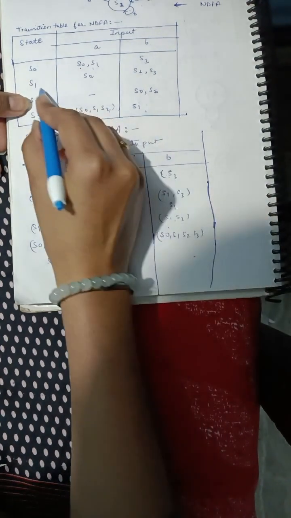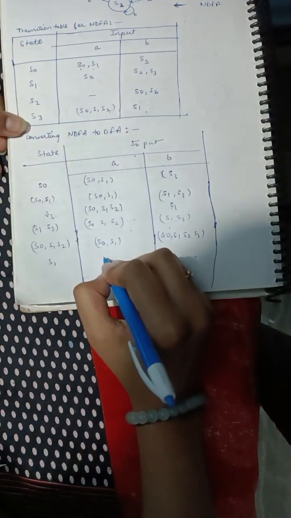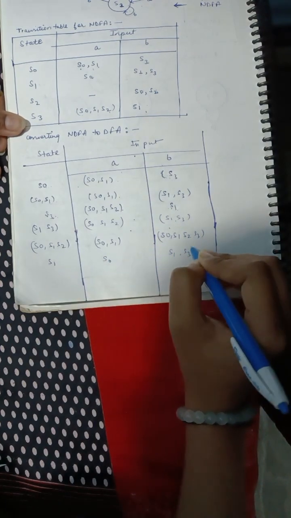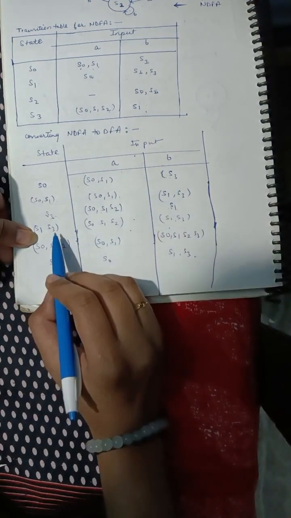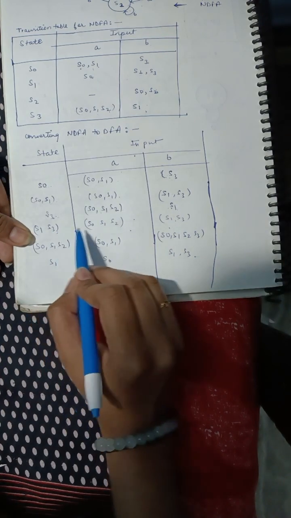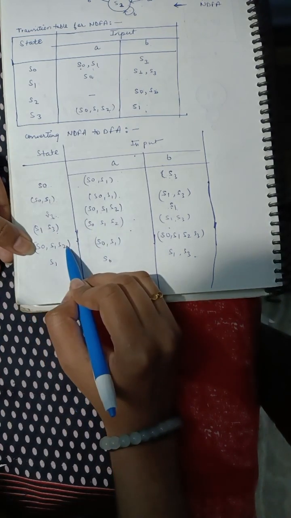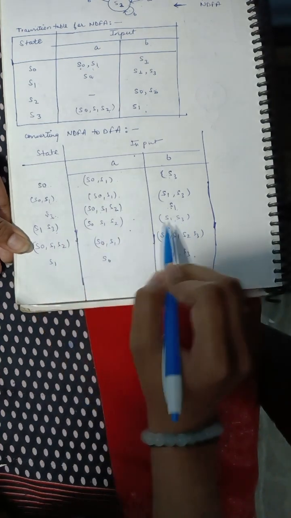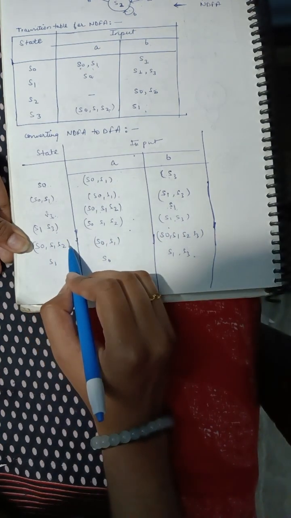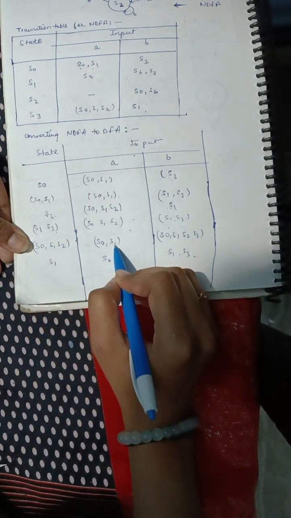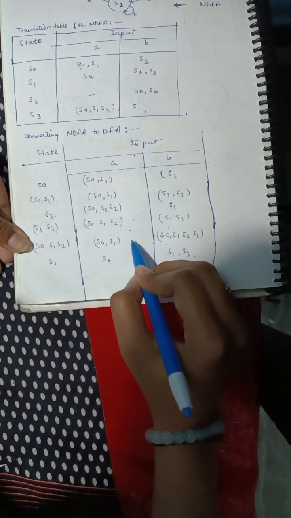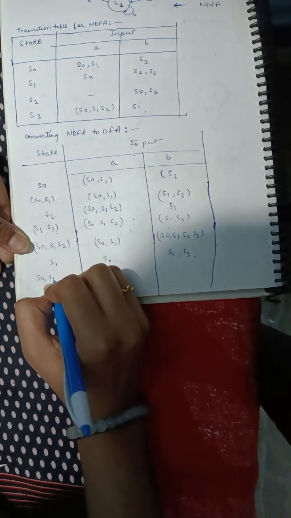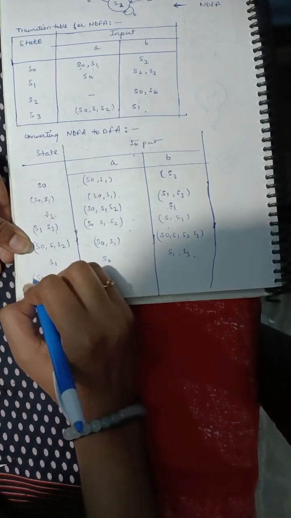So for S1 the value will be this, from this table S0 S1 comma S3. The value after S1 is S1 S3, then is S0 S1 S2, that is represented here. Then is S1 comma S3, that is also represented. Then it is S0 S1 S2. Then it is S0 comma S1, that is also represented. Then it is S0 S1 S2 S3. S0 S1 S2 S3, it is remaining.